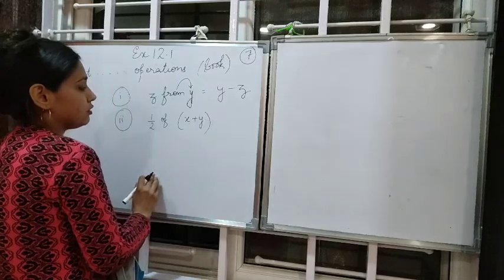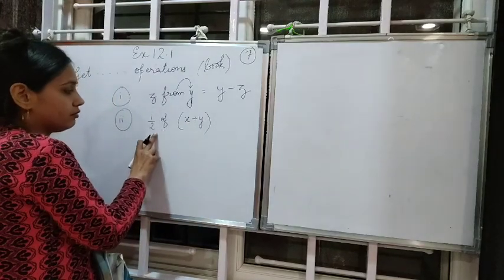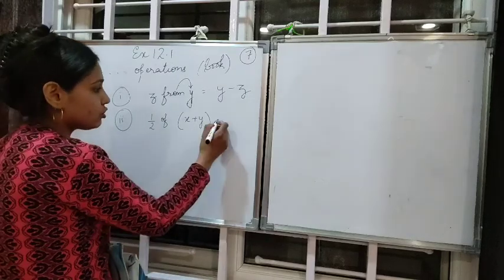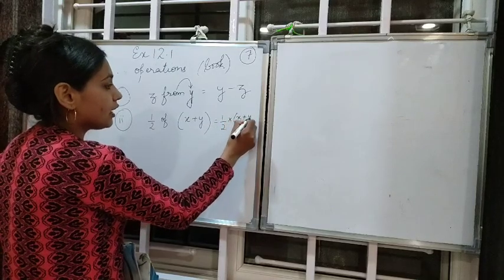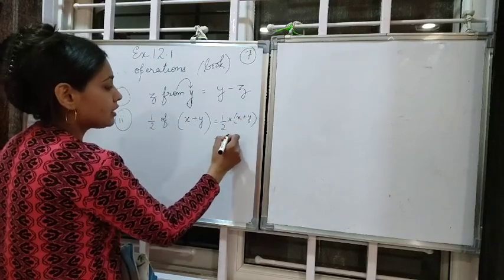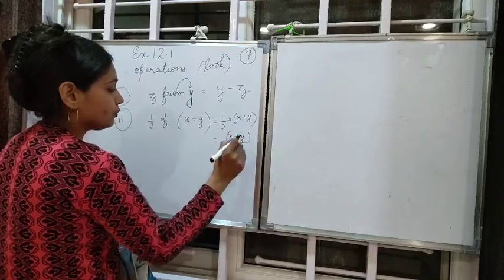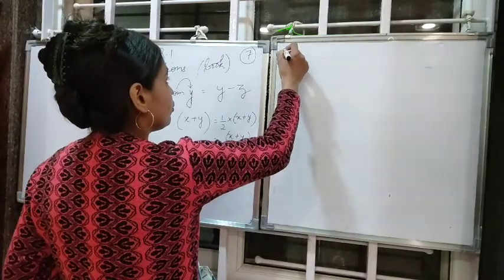So this is the expression, that is 1/2. 1/2 means 1/2. Of means multiplication. So this gives us 1/2 into x plus y, or simply we can write x plus y by 2. Okay, so this is your answer. Then we go to the third one.